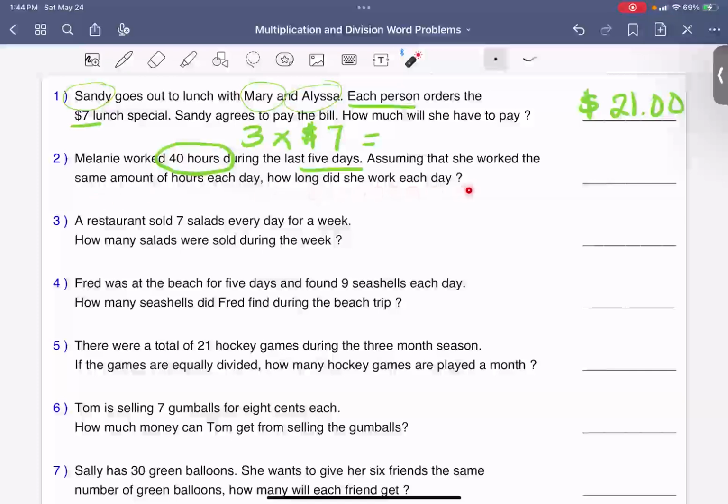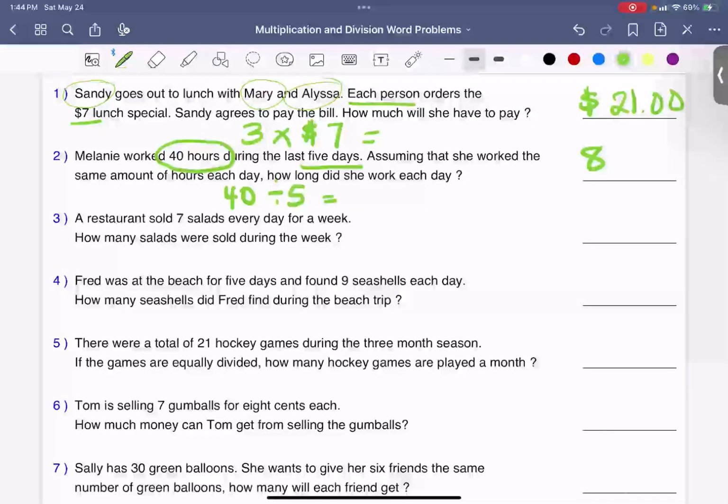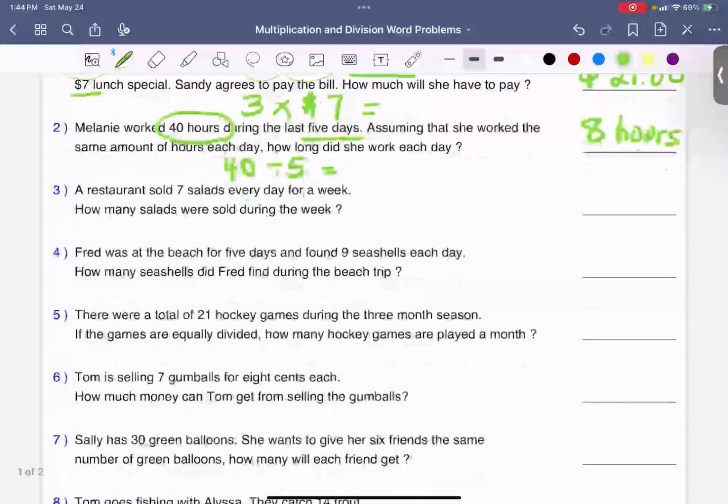So I know she worked a total of 40 hours. If each day she worked the same amount of hours, I would have to divide the 40 by those 5 days. So 40 divided by 5 is equal to 8. So 8 hours is the amount of hours she worked each day.